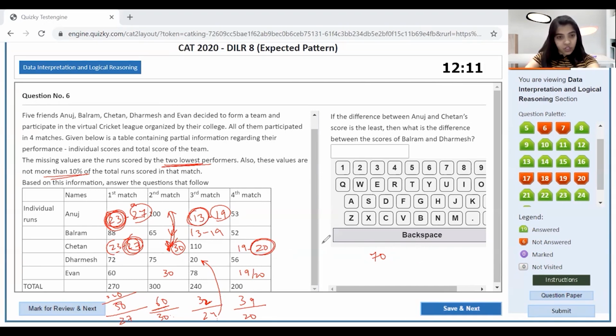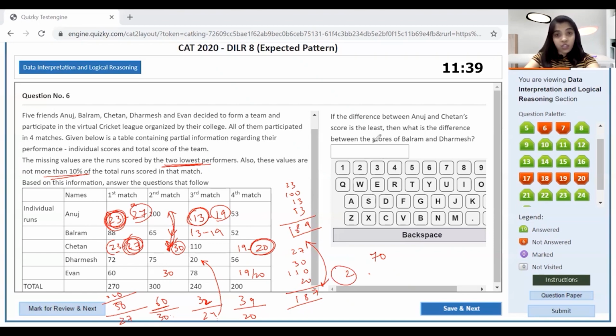Anuj's final score would be what? 23, 100, 13 and 53, which is 189. And what would Chetan's score be? 27, 30, 110 and 20, which is 187. Right, so this is the minimum possible difference, which is 2.